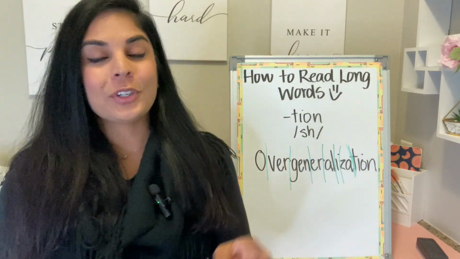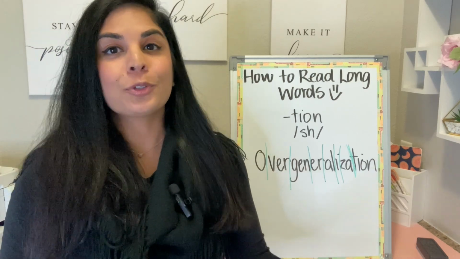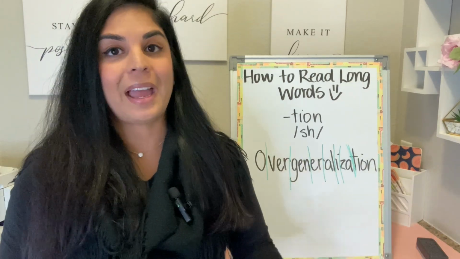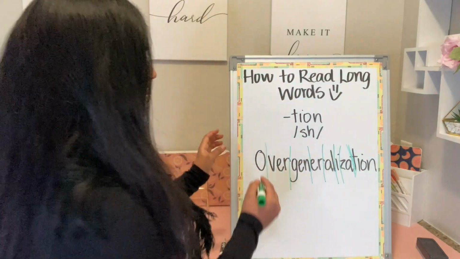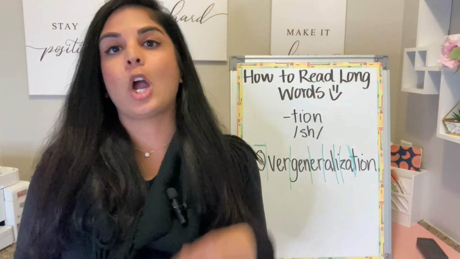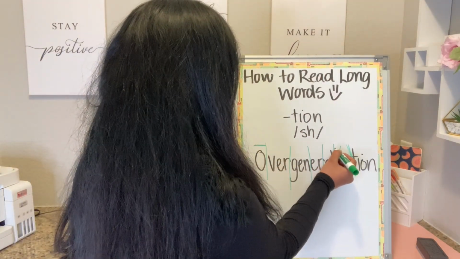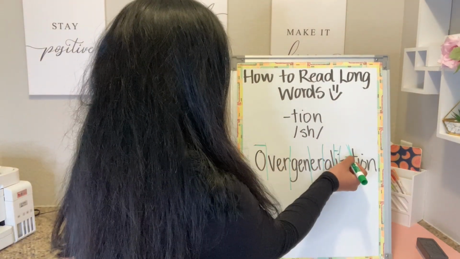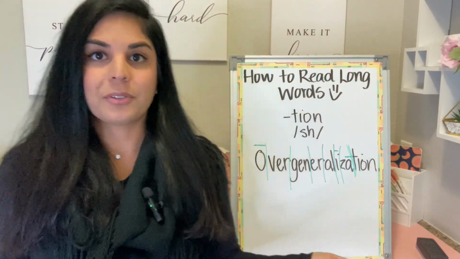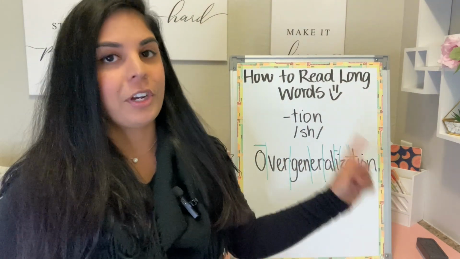I'm also going to use the rule that vowels usually make their long sound at the end of a syllable. So that means that this O is going to say O. It is not going to say aw. And then this I right here is also going to have a long sound, and this A is also going to have a long sound. So we're going to sound this word out together and then blend it.